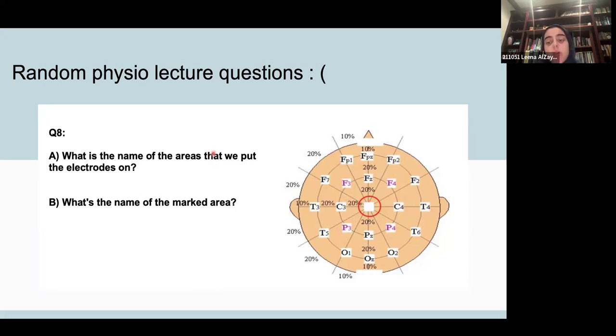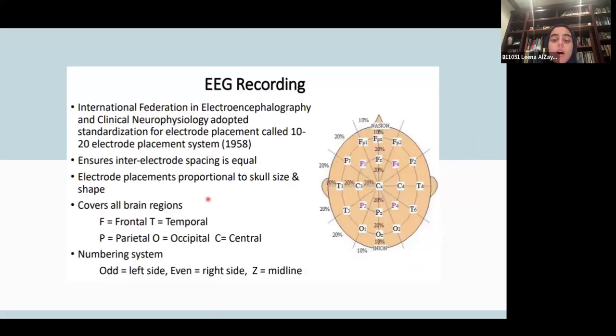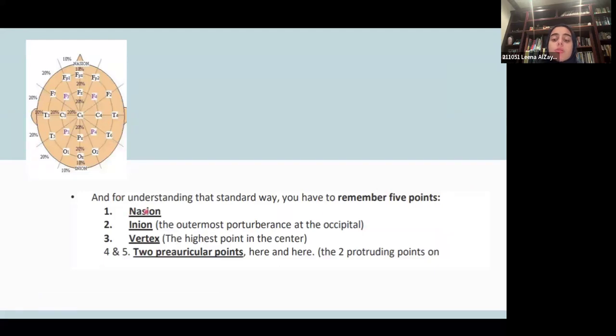So which area do we put the electrode on? This is the slide. He basically told us that the front where the nose is called nasion, and the back is called inion, and the middle is CZ. What he wants us to know, and remember 5 points: the nasion in the front, the inion in the back, the middle is called the vertex or CZ, or central Z. And you have to know the two preauricular points on the sides.